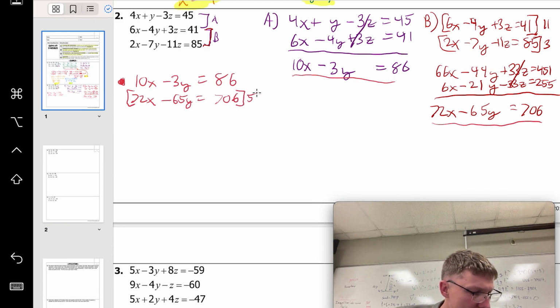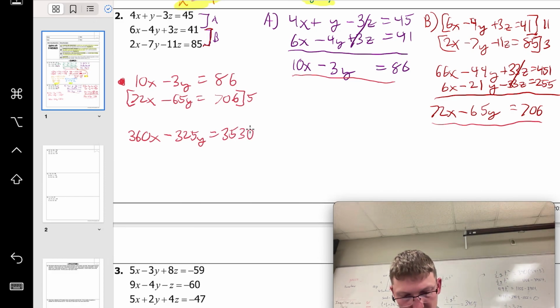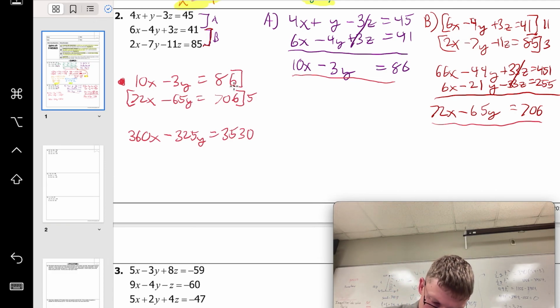Then we've got 72 times 5, so 360x minus 65 times 5, 325y equals 706 times 5, some absurdly big number, 3530.